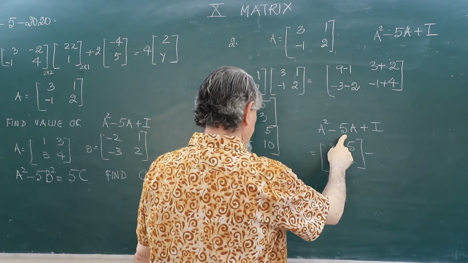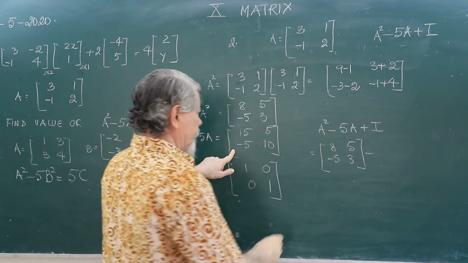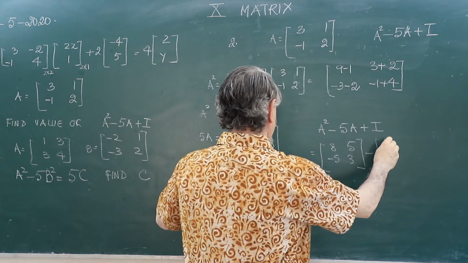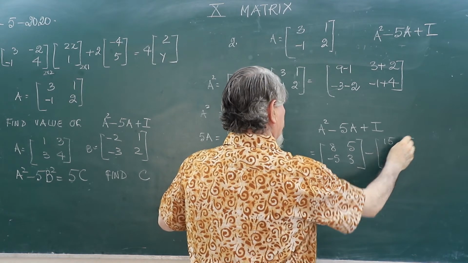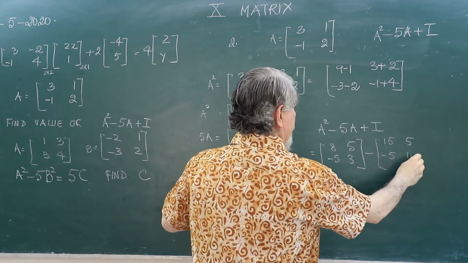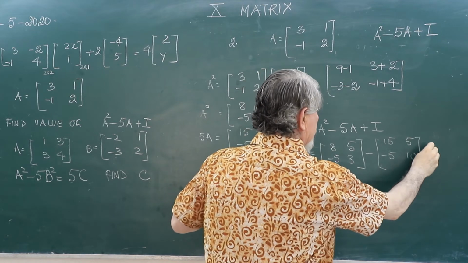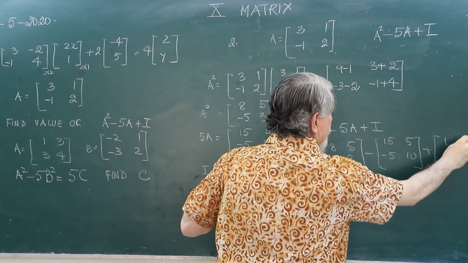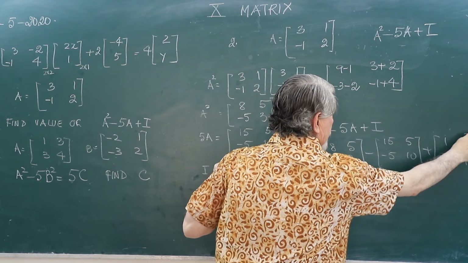Minus 5A: 15, 5, minus 5, 10. Plus 1, 0, 0, 1.